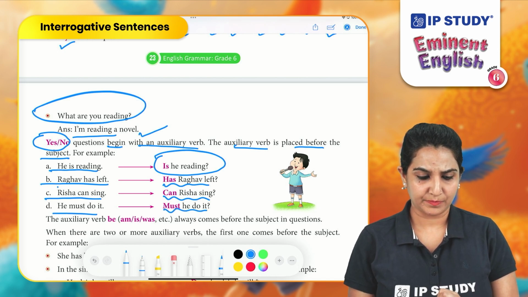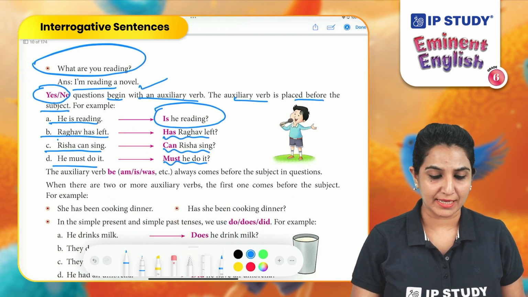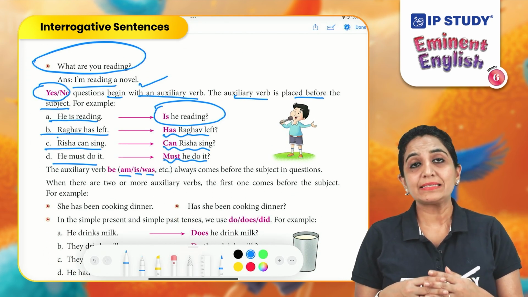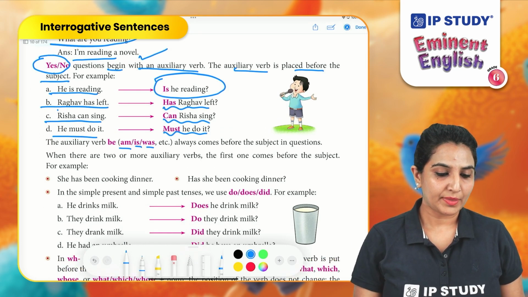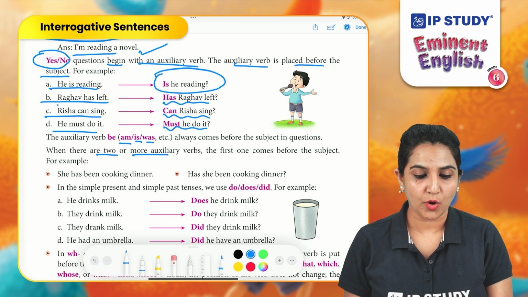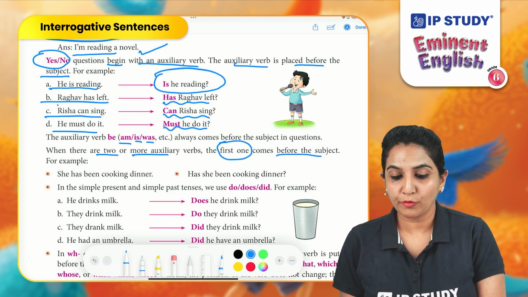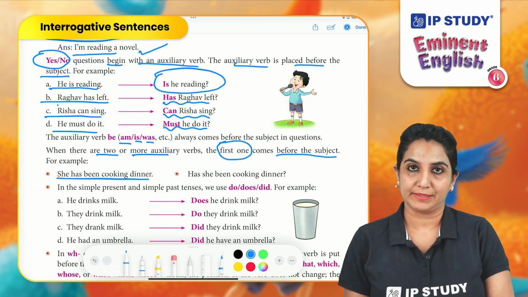He must do it. Must he do it? The auxiliary verbs, such as am, is, was, etc., always come before the subject in questions. When there are two or more auxiliary verbs, the first one comes before the subject. For example, she has been cooking dinner.